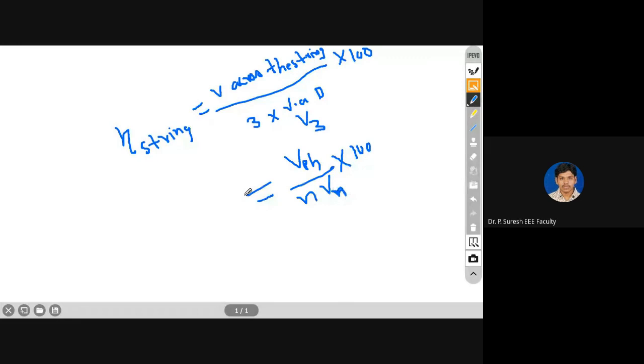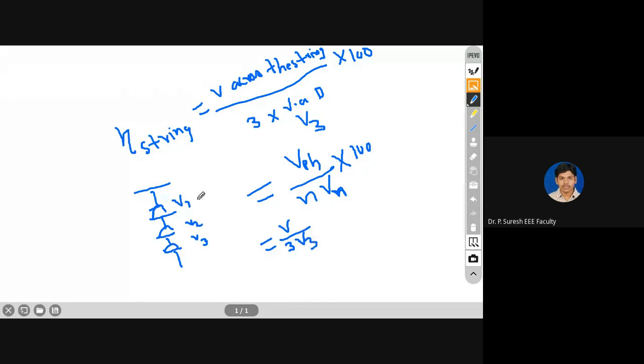The string efficiency is very, very important. When will we get string efficiency of 100%? Suppose we take 3 discs, with voltages V1, V2, V3. At that time the formula is V by 3V3.